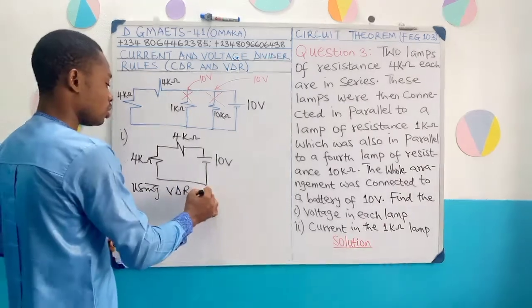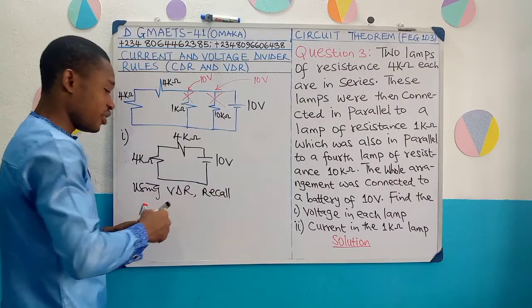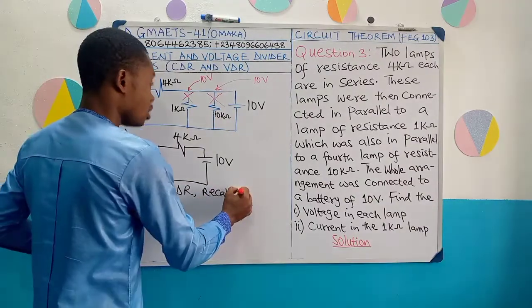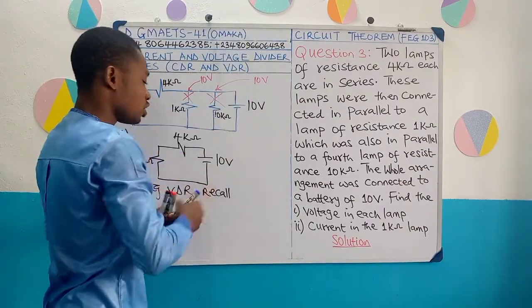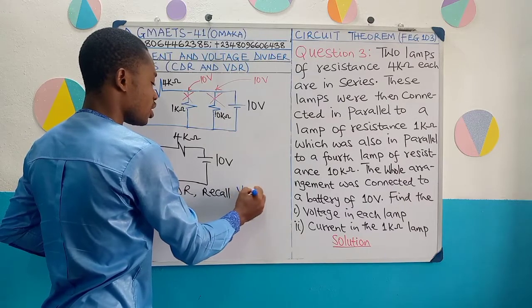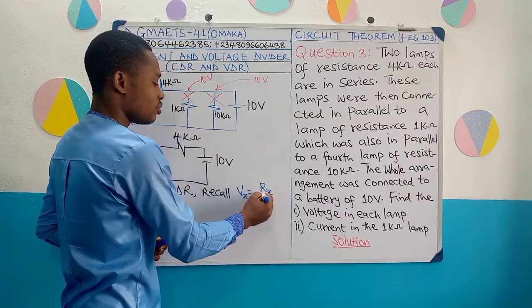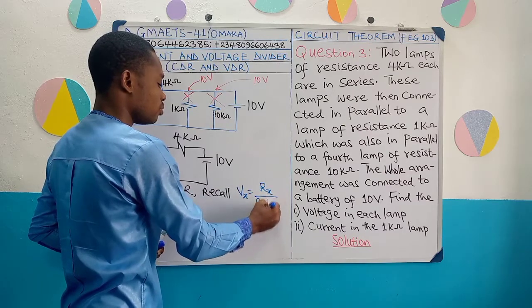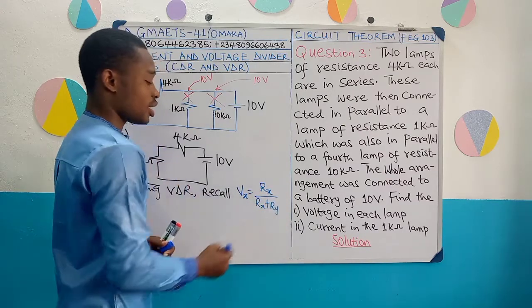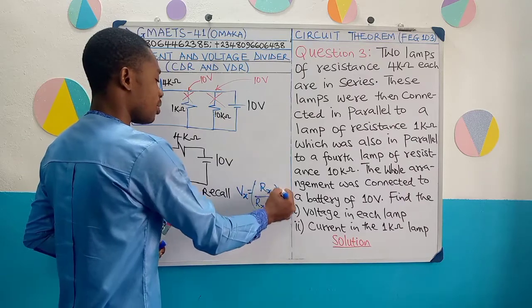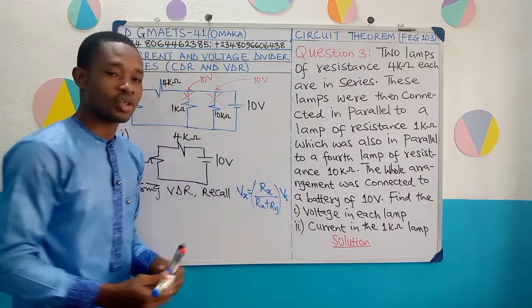Now you recall, the VDR formula is, if you have the voltage to be calculated across a particular resistor, it's going to be that same resistor divided by the sum of the resistors there. Then we're going to multiply by the total voltage.